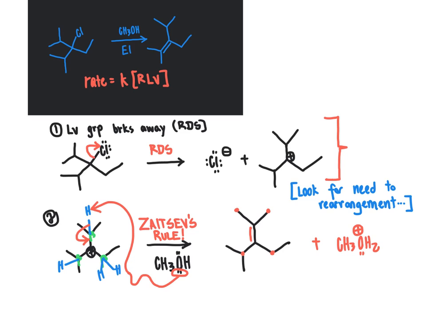So that carbon atom that is bonded to the leaving group, in other words, this one right here, the more substituted that carbon is, the better. If it's a tertiary carbon, it's going to react fastest. Secondary carbons react second fastest. Primary carbons hardly are able to follow this mechanism, if at all, because they give way to such unstable carbocations.